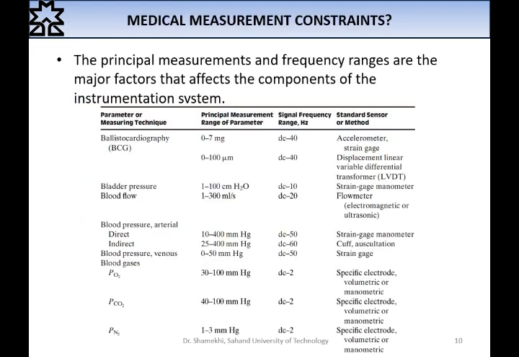In the next three slides, we have some parameters or measuring techniques and related features, the range of the parameter and the frequency range of that parameter, and some standard sensing or recording methods have been displayed.